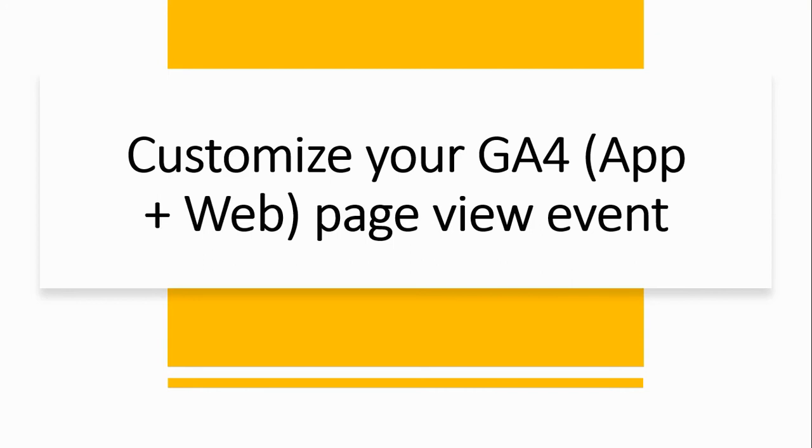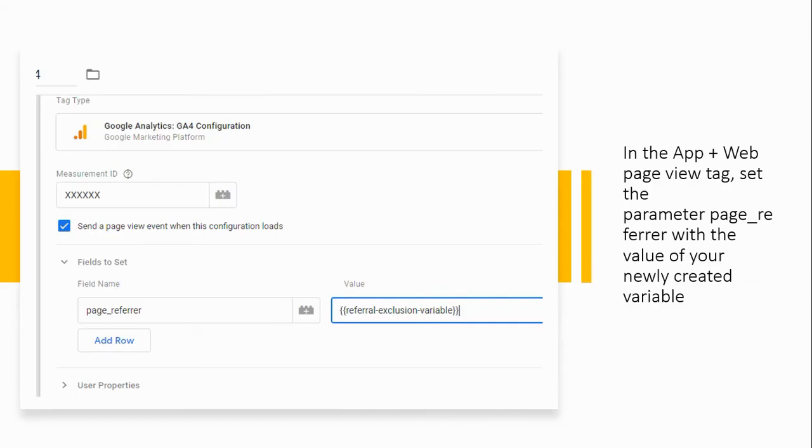Then customize your GA4 App Plus Web page view event. We have already created a GA4 page view event. So that page view event is this. In that we have given the measurement ID and we have checked send a page view event when this configuration loads. Under that we have the fields to set option.